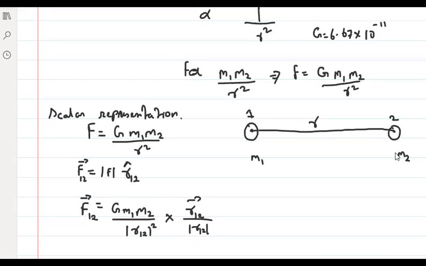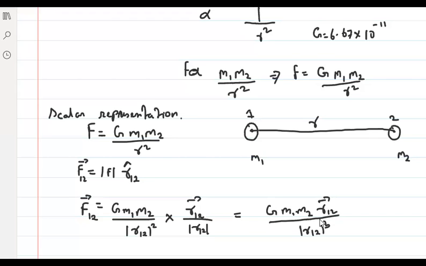Yes or no? Think about it, because this is a unit vector, and I can write a unit vector as vector divided by its magnitude. So it will become G m1 m2 into r12 vector divided by mod of r12 whole cube. So somewhere you can get this formula.